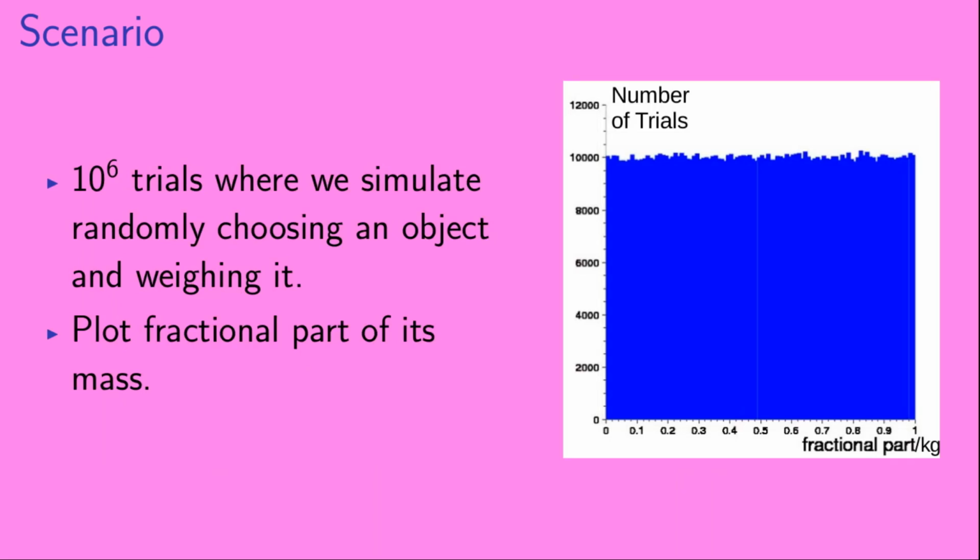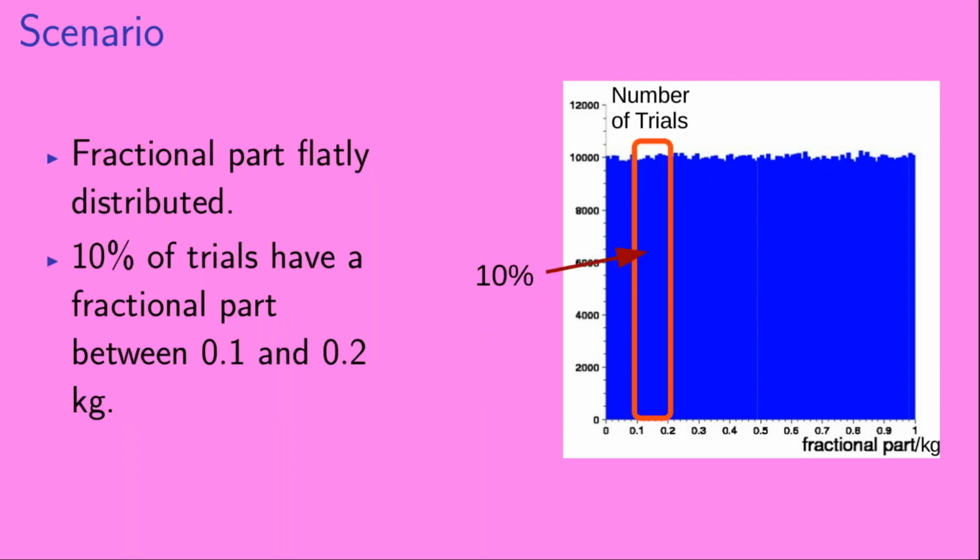Here's what that means. So here we're going to simulate 1 million trials where in each trial we randomly choose an object and weigh it. And then we're going to plot the fractional part of its mass. Okay, so we said that the fractional part of the mass was flatly distributed. We can see what that means by looking at the plot at right.